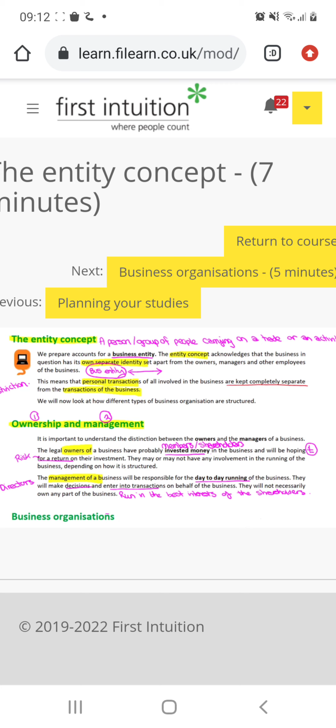Let's think of an example here. So our shareholders, they've invested their personal money in the company, and those funds that have been brought in by the owners of the business, they're actually shown as capital in our financial accounts. It's actually an amount the organisation owes back to the owners.